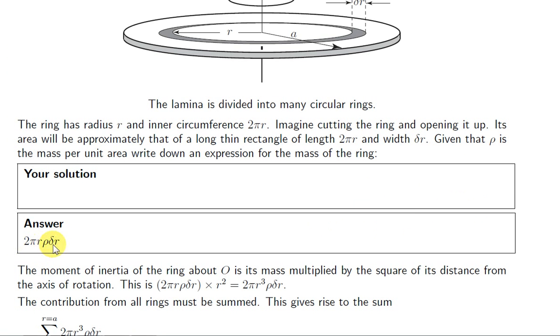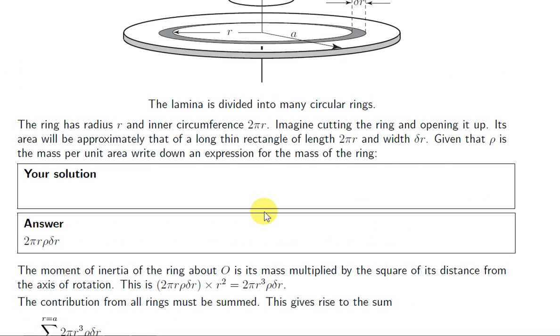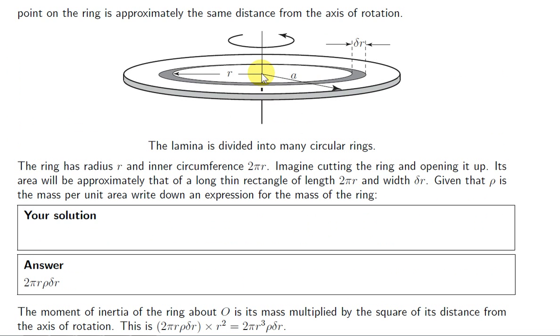So how do we get the moment of inertia of this ring? Well, we must multiply the mass of the element by the square of the distance from the axis of rotation. So we multiply it by r squared. So we get an r cubed in this. So we must do this for all rings centered at the axis of rotation, centered here.